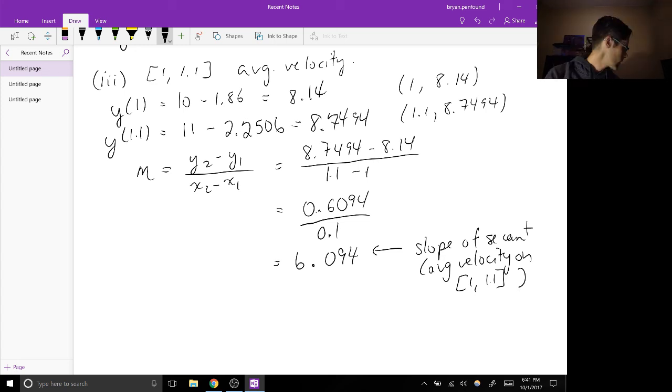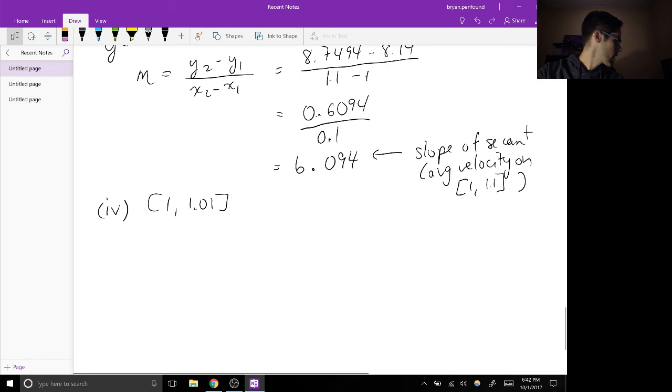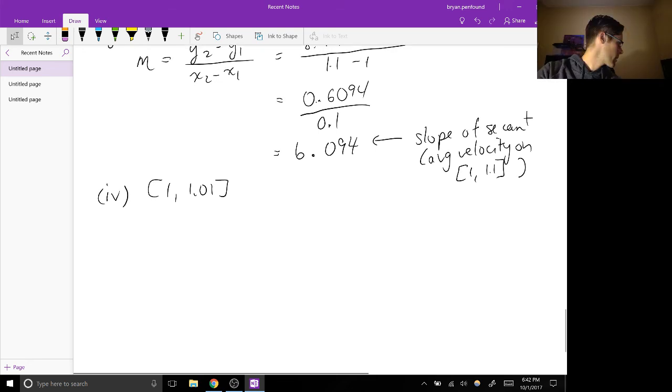So let's do one more. Let's work through part 4 to see if there's a pattern in the slopes of the secant lines. Let's work with 1 and 1.01. Part B is just asking us to estimate the instantaneous velocity, or figure out the slope of the tangent line.